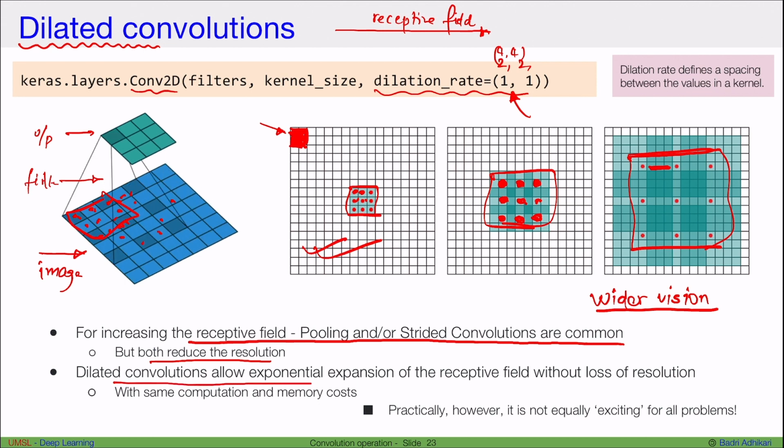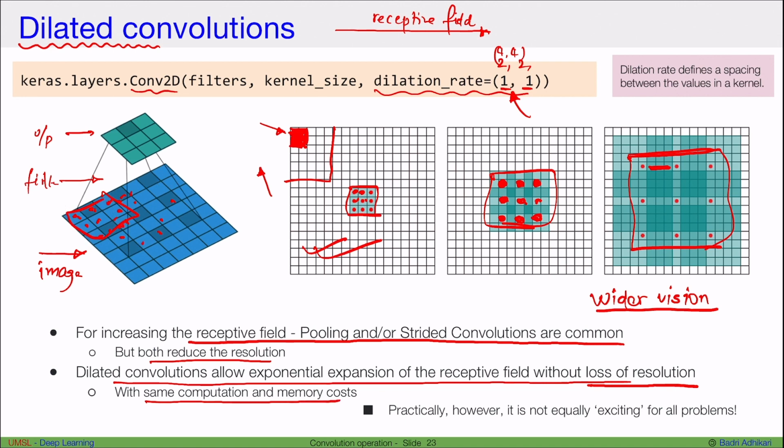Dilated convolutions allow exponential expansion of the receptive field. So we can still decrease the input image size and increase the receptive field by controlling our dilation rate, and we can go beyond just 2 by 2 or whatever size we want, while maintaining the resolution, without the loss of resolution, and with the same computation as convolutions, by simply using this trick of skipping one pixel or a few pixels at a time.